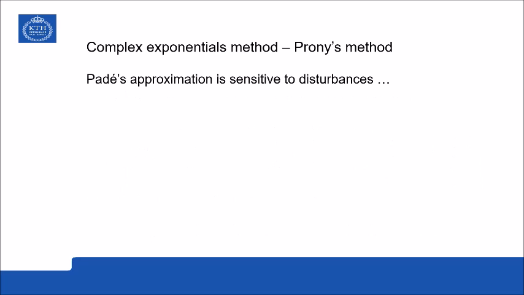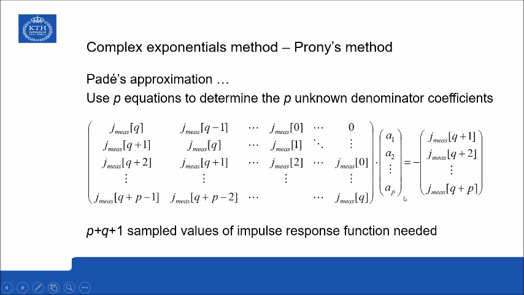One problem is that Padé's approximation is sensitive to disturbances. If you have measurement errors, noise, or something that makes your measured input data inaccurate, then the solution, the denominator coefficients, will not be quite correct. You will have an error in it.